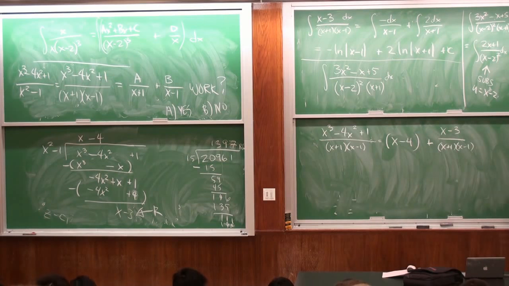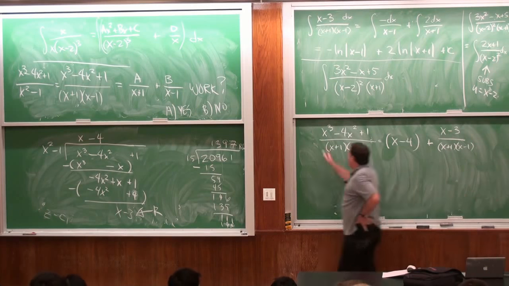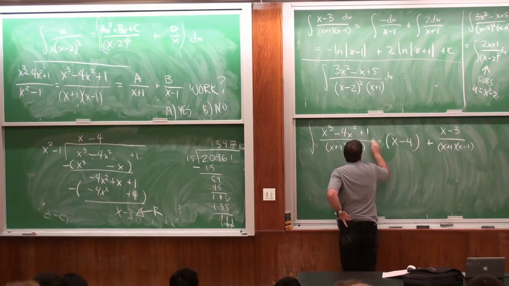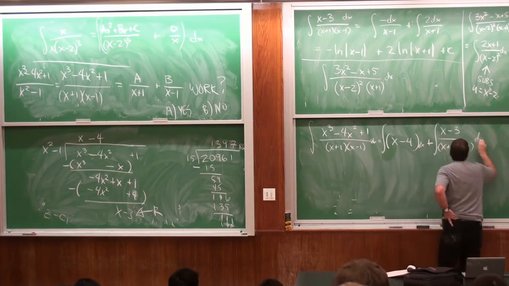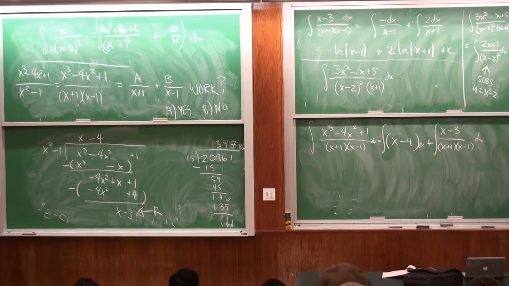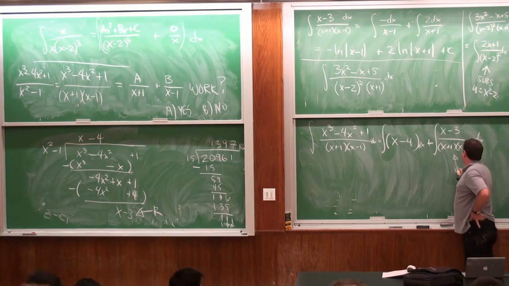And so if I want to integrate this, then I integrate this, and I integrate this. And this one I did already at the start of the class. So I chose this on purpose to make sure it would come out. So now I can do this by partial fractions.